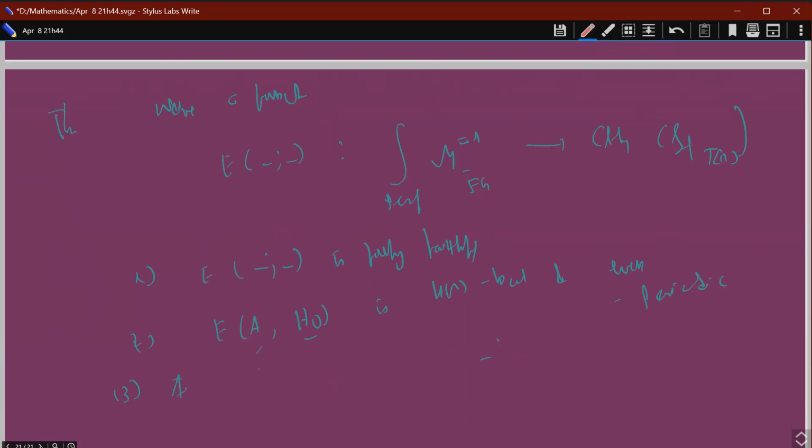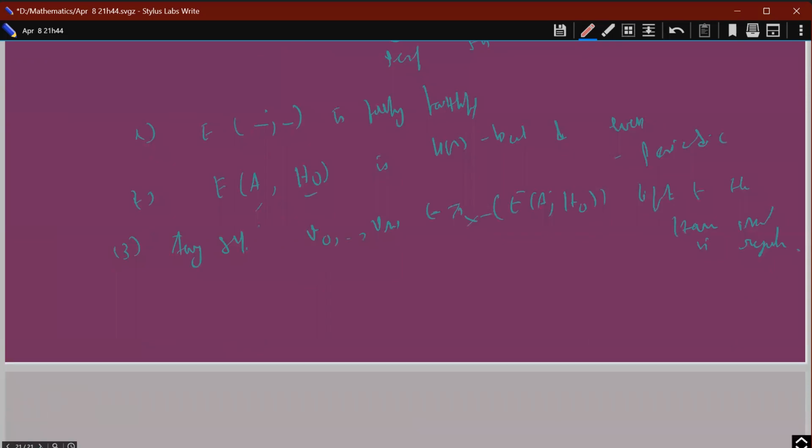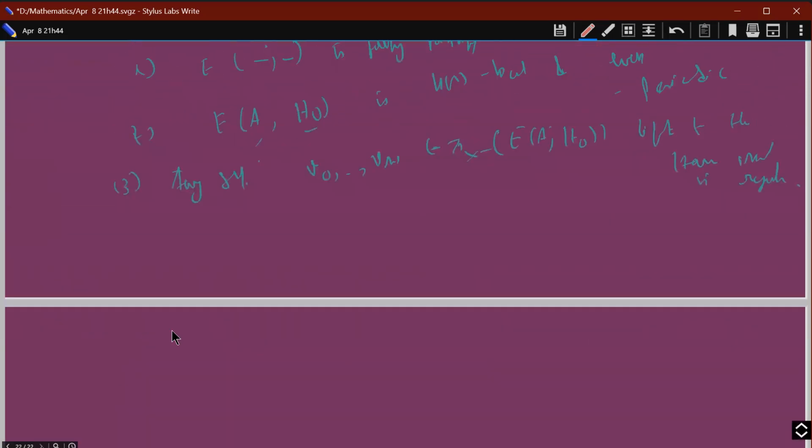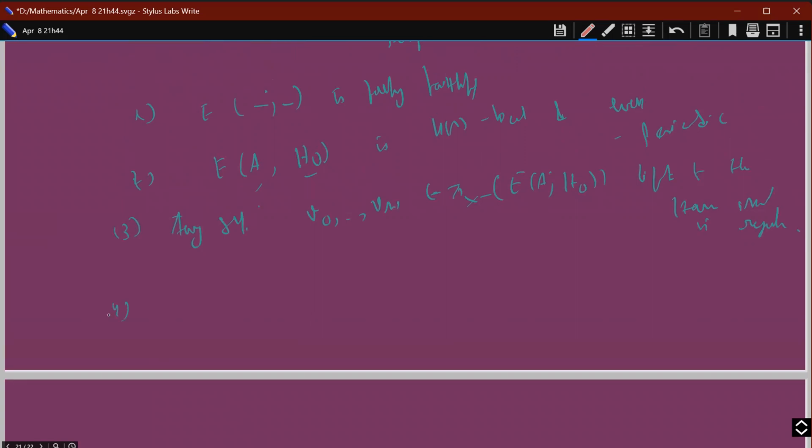So any sequence lifting the Hasse invariant. So now comes the fourth part. I believe the next speaker will explain it.